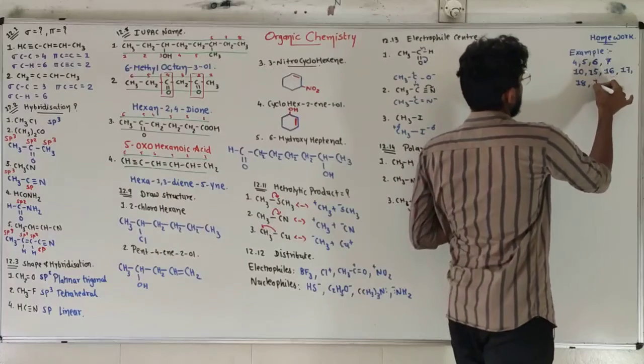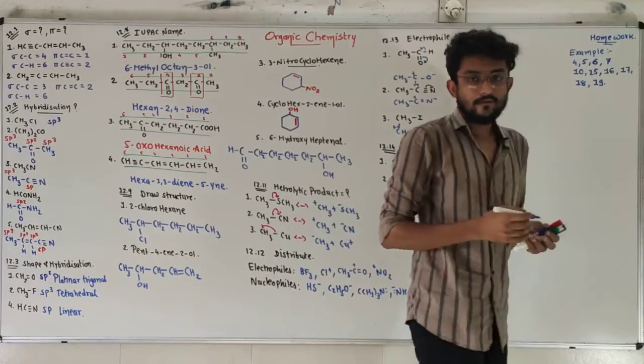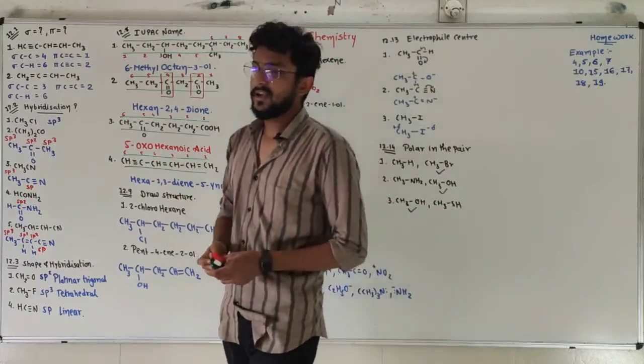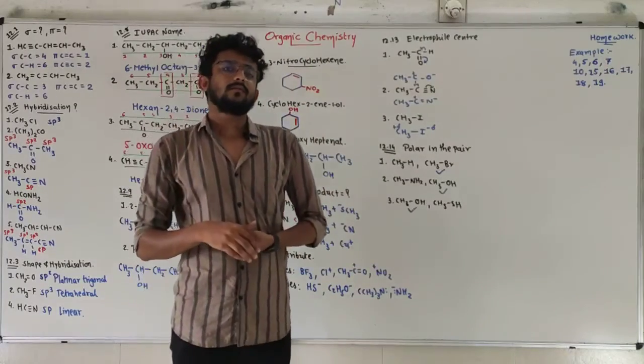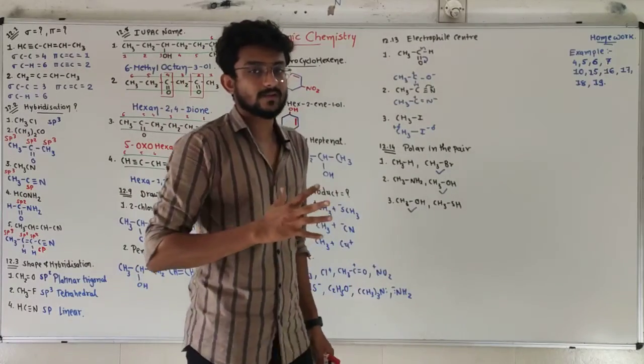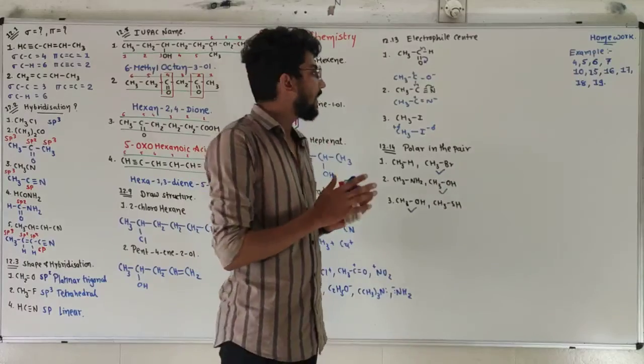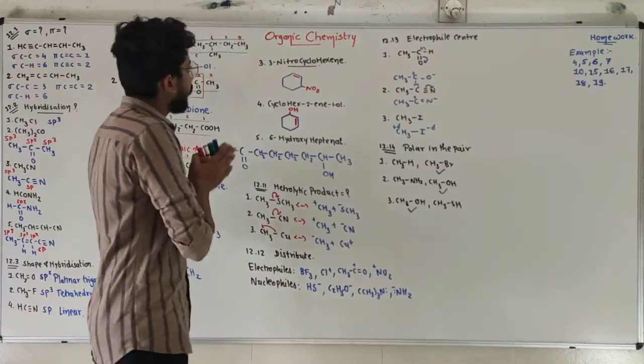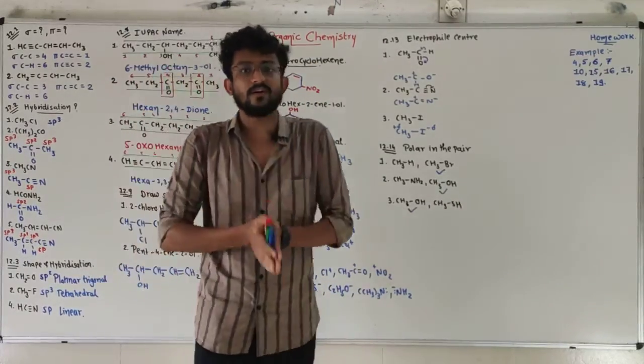So 19 will also be in the homework. From example number 20 to 24, we calculate five different sums. So all the examples of organic chemistry chapter number 12 have been completed.